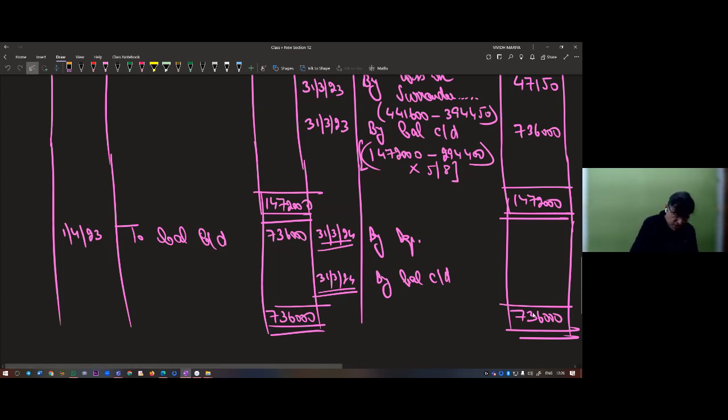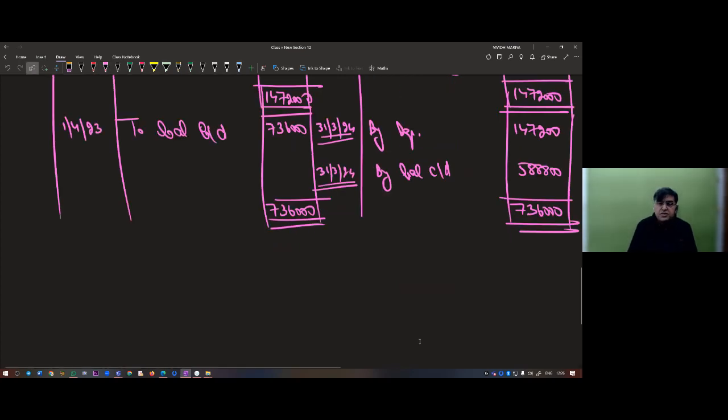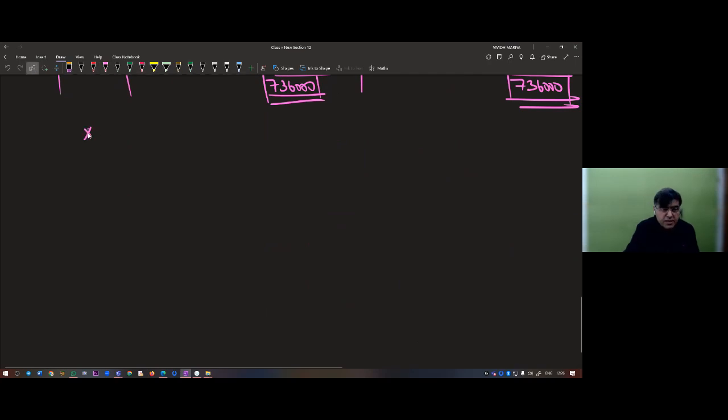Depreciation is 736 into 20%, 147,200, and carry down is 5,888.